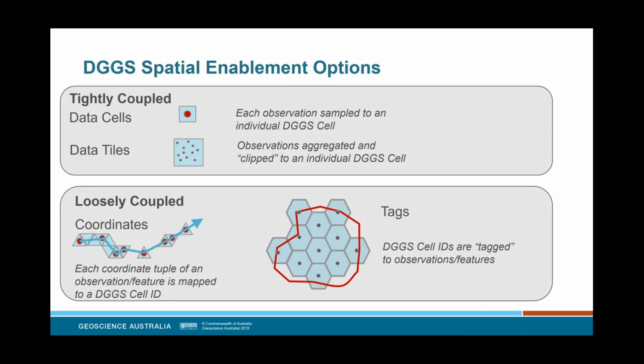So when it comes to storing data in a DGGS, we have two modes of operation. One is tightly coupled, where we're physically storing information inside the cell. So we're constructing data objects that represent those cells, where we can store each individual observation inside a cell.